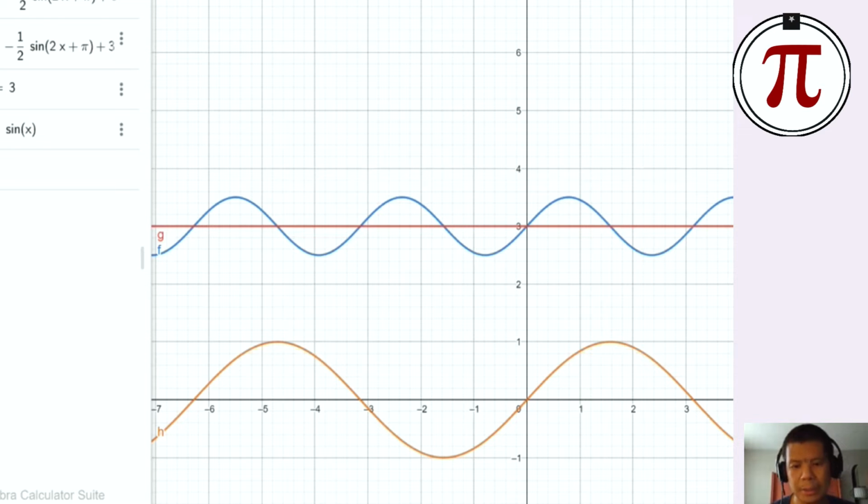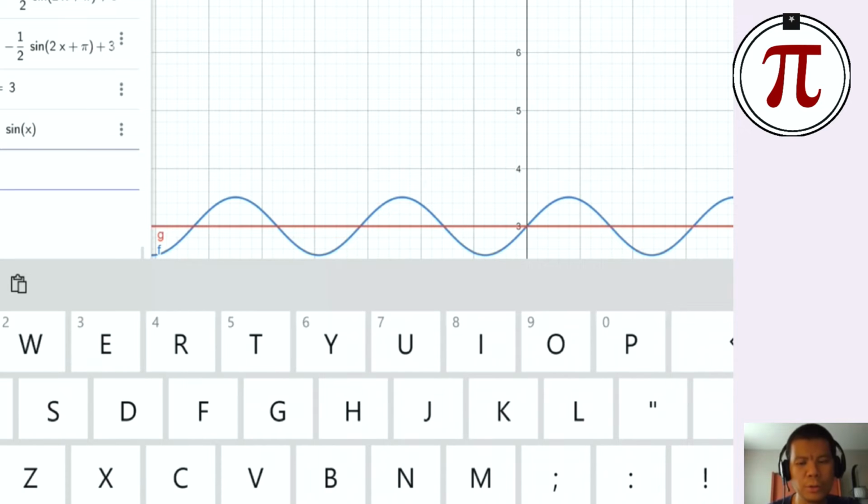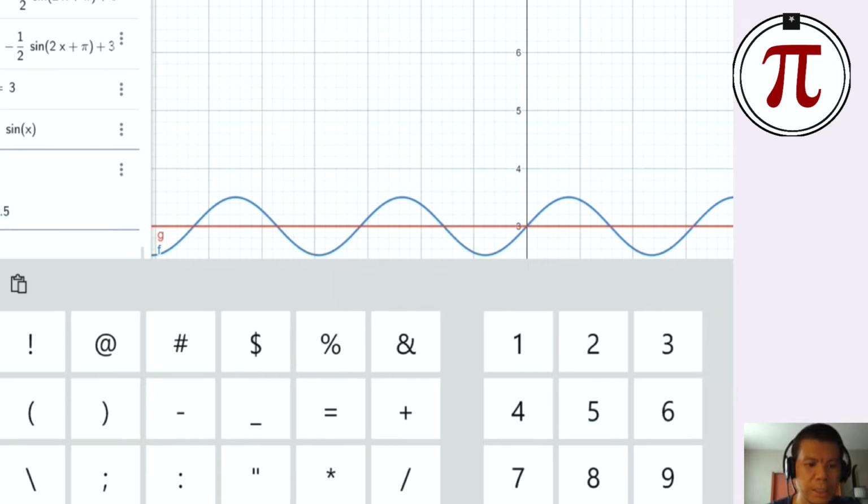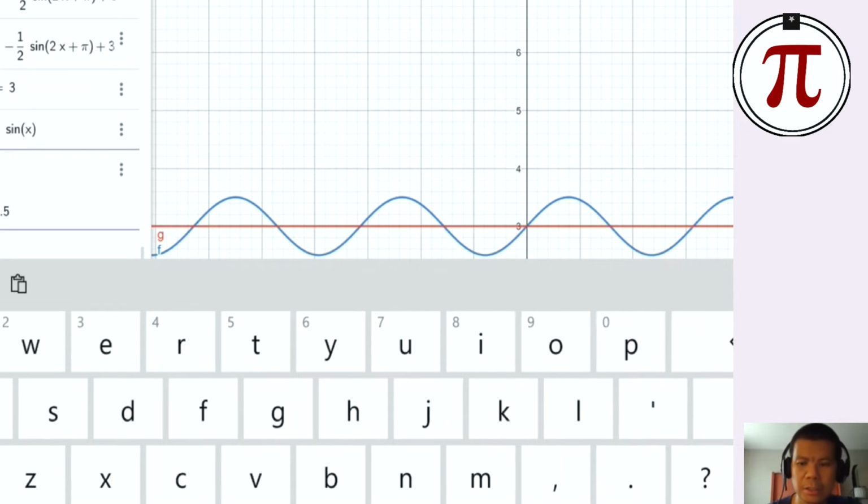Okay, now let me just change from sine into that function. So we have this orange curve, which is sine, right? The orange curve is sine, and now let's just change it to negative 1/2. Use step by step. Negative 1/2 sine. Sorry.